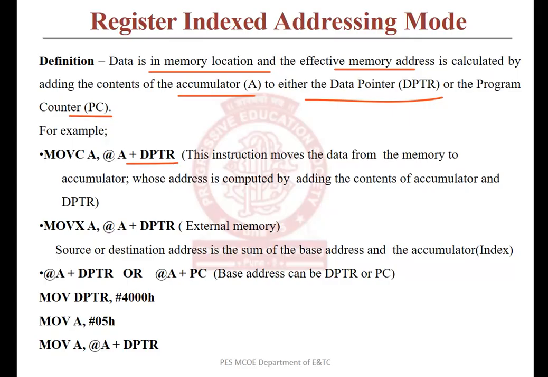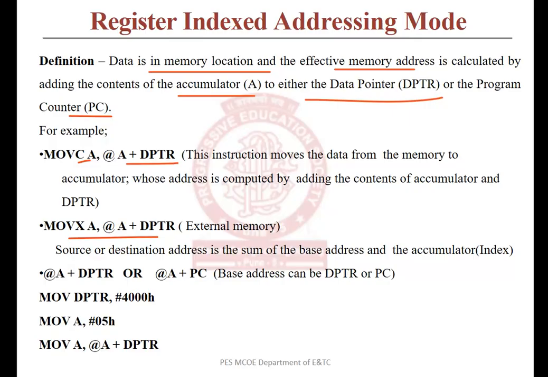The contents of that memory location will get stored to the accumulator. Here C is used as this is a code memory. If X is there, then it is an external memory. This instruction will move the contents of a memory location, whose address is calculated by adding the contents of A and DPTR, to the accumulator.